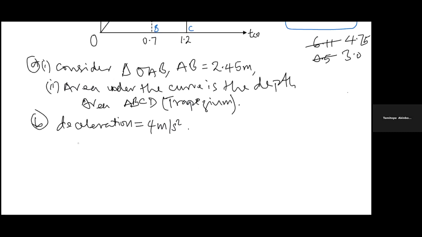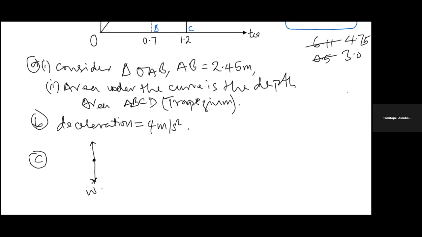Who wants to answer that? I used minus 4. Okay, let's see. If you use minus 4, what do you now get? 0.525. That's why you missed it. You are supposed to get 0.05.